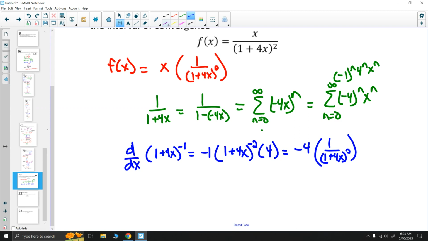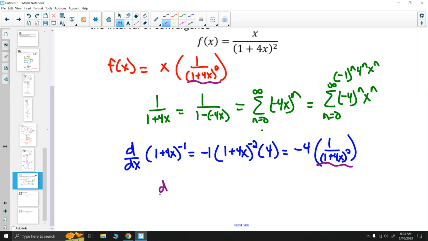So what we want to think about is, how do we make this thing into this? Again, this thing is the derivative of that, and we want to make it into this. So first of all, this portion is good, but this one doesn't have a negative 4, so basically what we need to do is take this thing here.